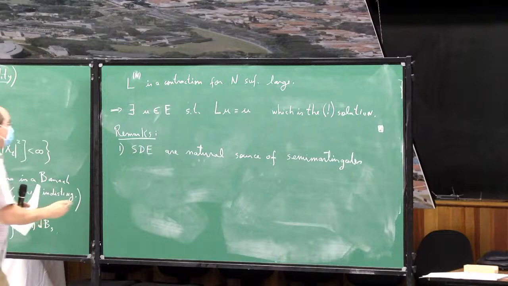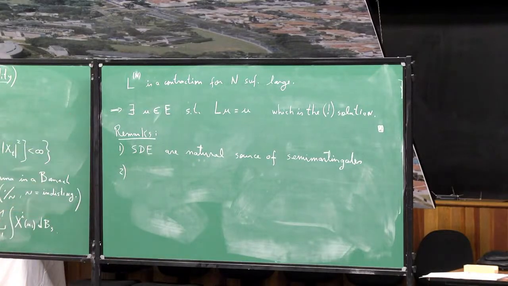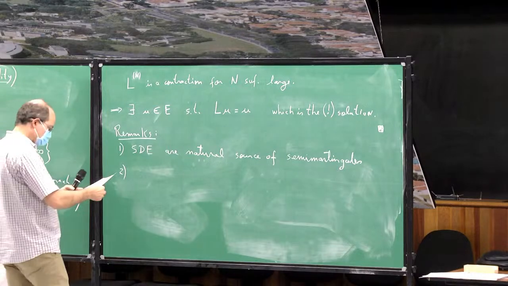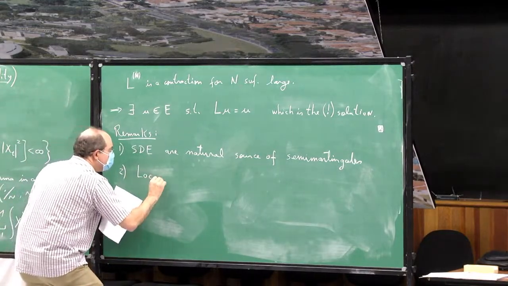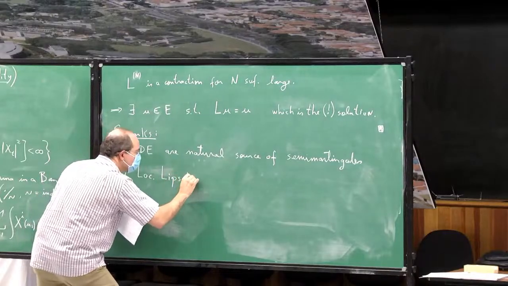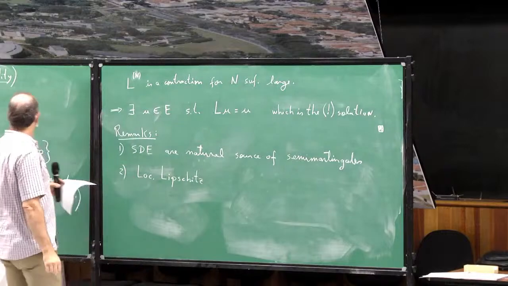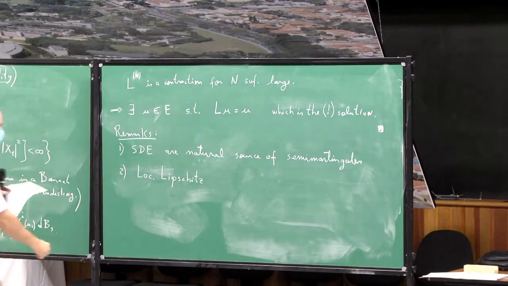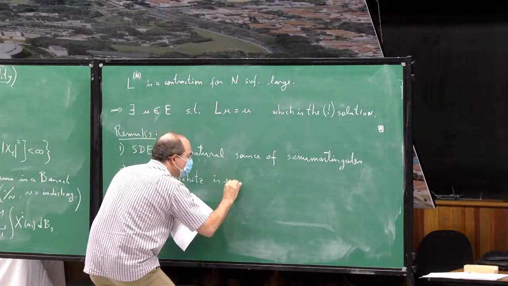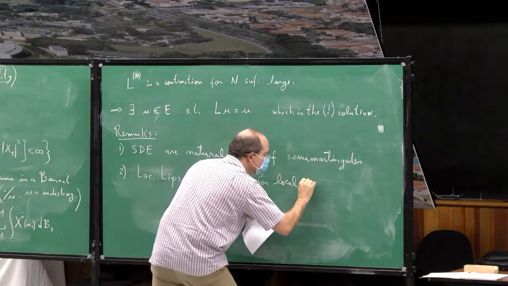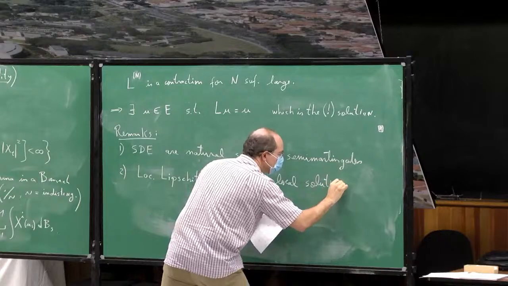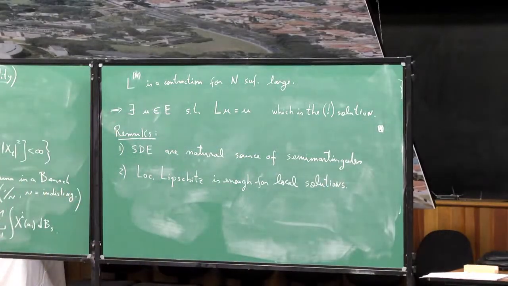Secondly, if we weaken the hypothesis, locally Lipschitz is enough for local solutions. It means that it might have an explosion.